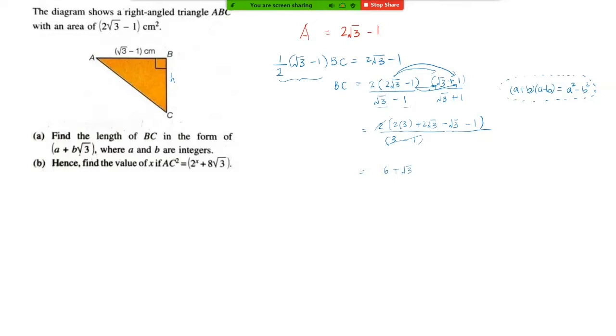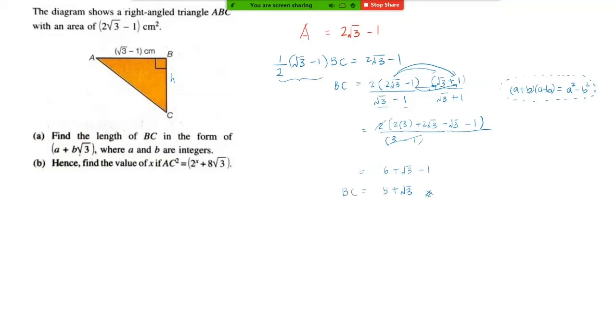If you are confused with the subtraction of this, you can replace the √3 with something else, like 2 balloons minus 1 balloon. You're left with just 1 balloon. And we still have minus 1 at the back. And now 6 minus 1, we have 5 plus √3. And that is the answer for part A, which is BC.